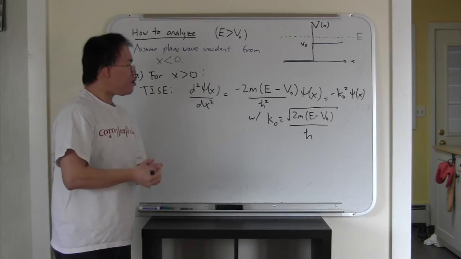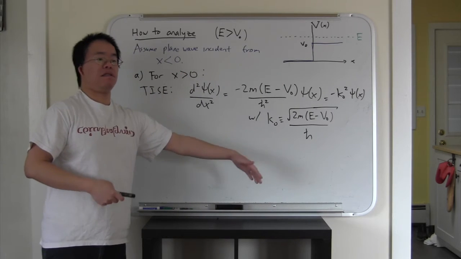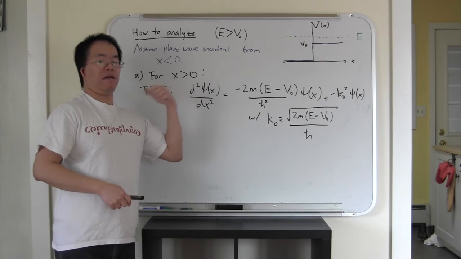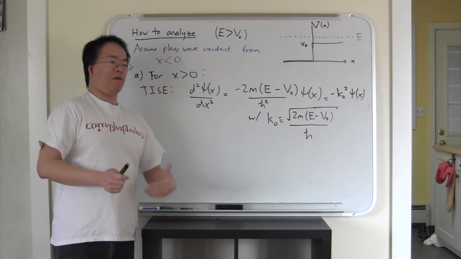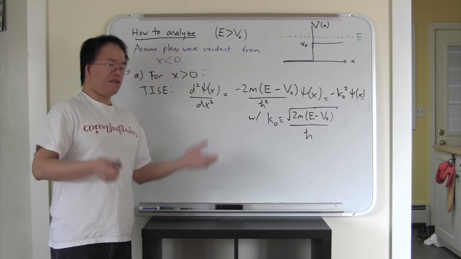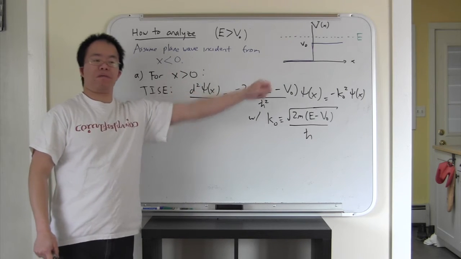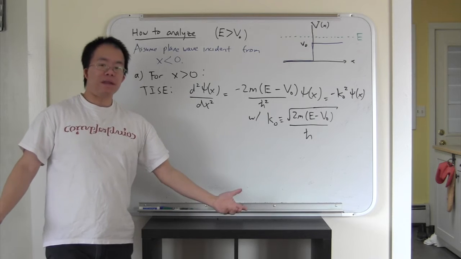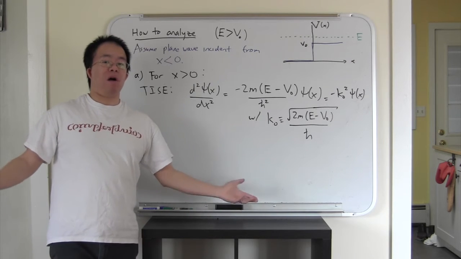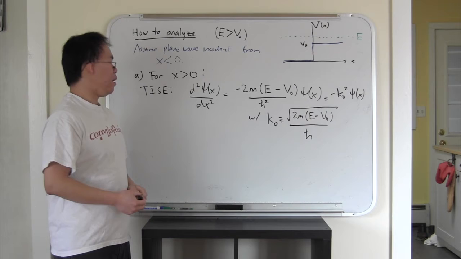Notice that here my k naught is smaller than my k before. A smaller k naught means that the wave function on the right has a longer wavelength, which jives with what we saw in the PhET simulation.